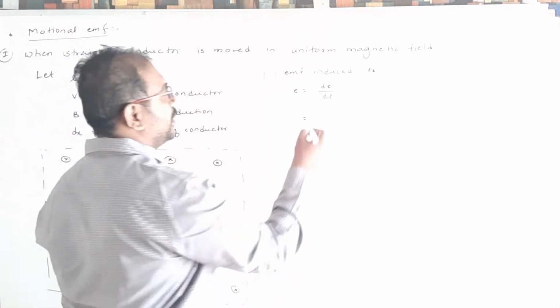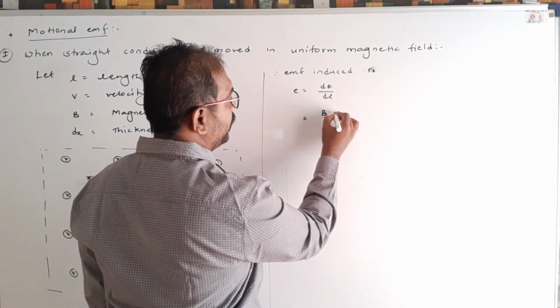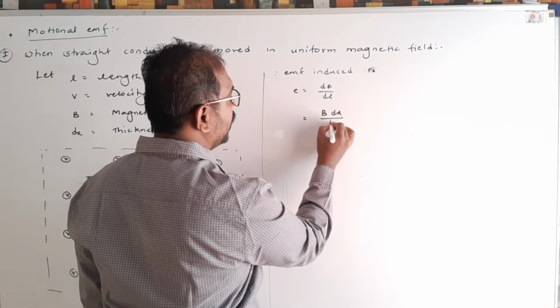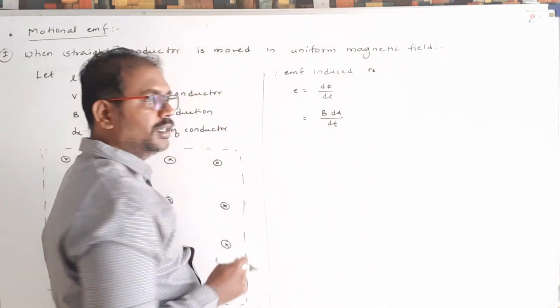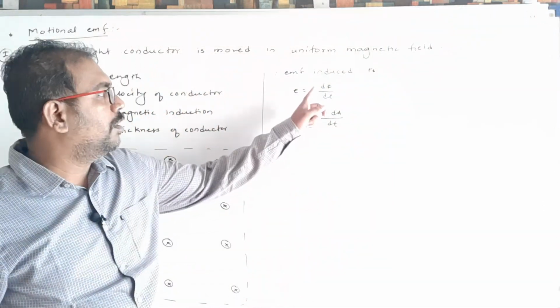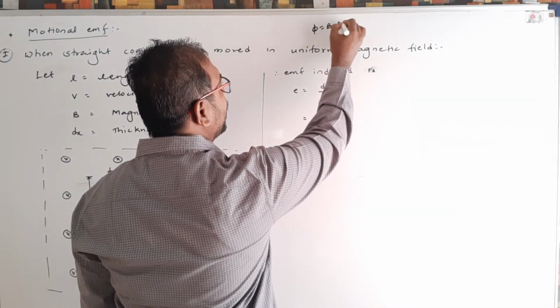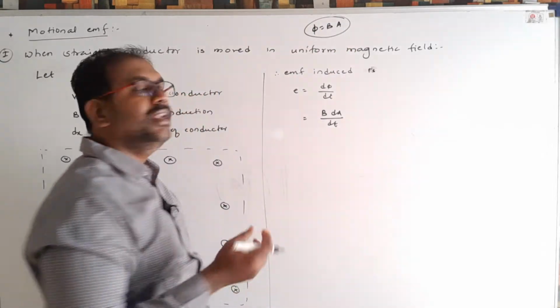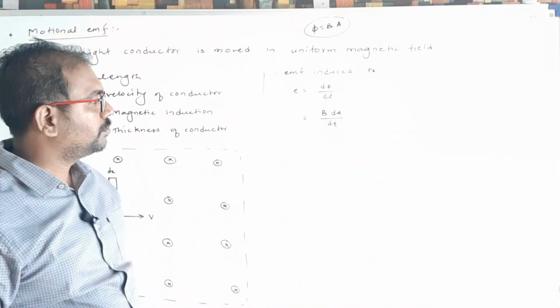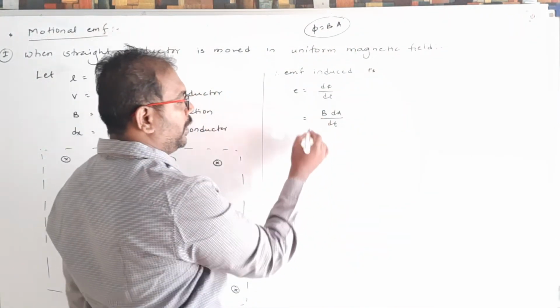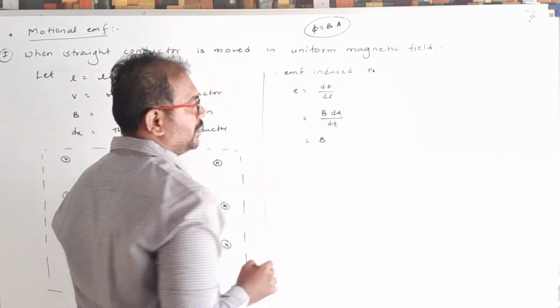This d phi we can write as B into dA divided by dt, since the flux phi is equal to B dot A, or B into A basically. Here B stays as it is, and dA is the area.